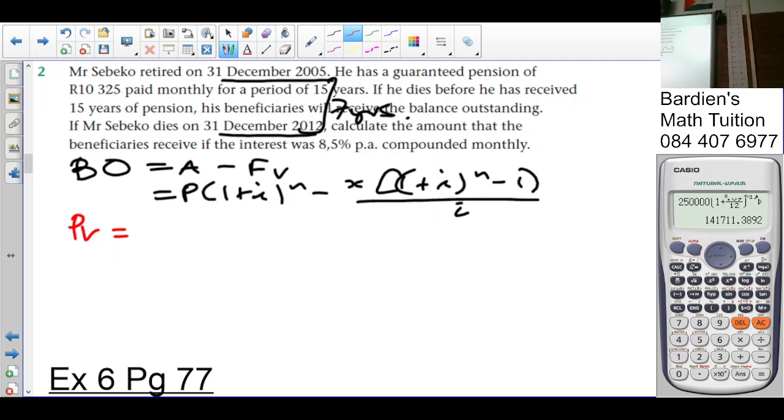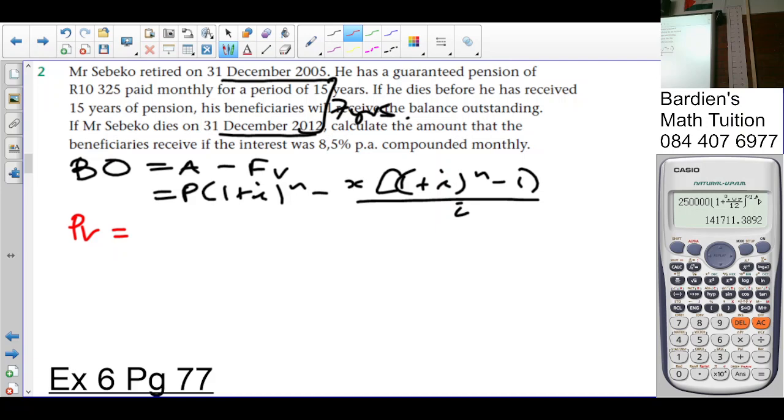Which exercise is this? 6. Yes, he's correct. He's correct. Okay, let's go.